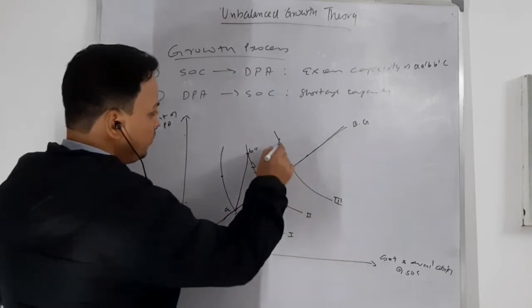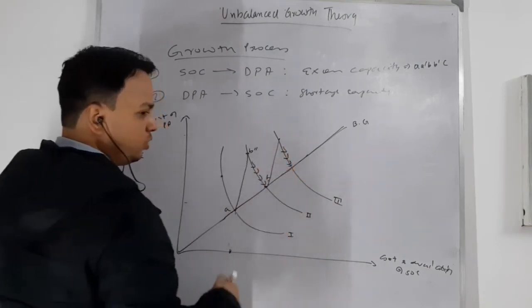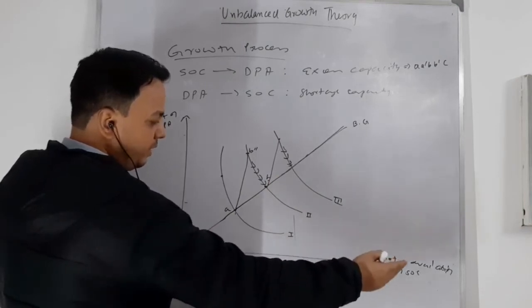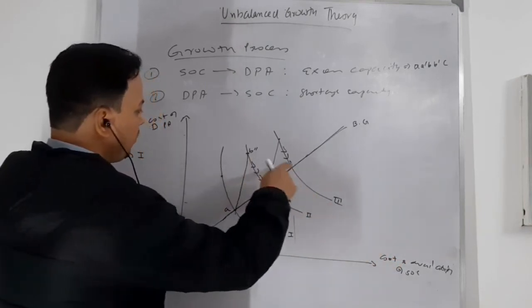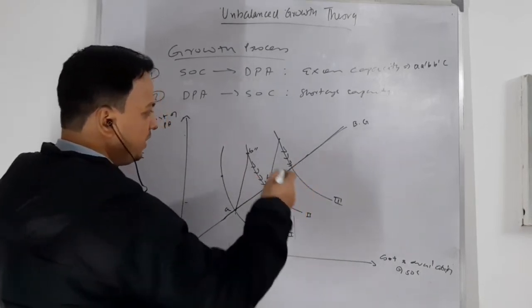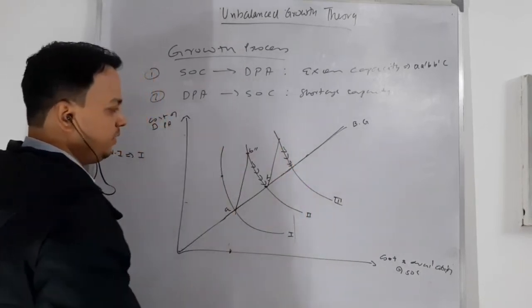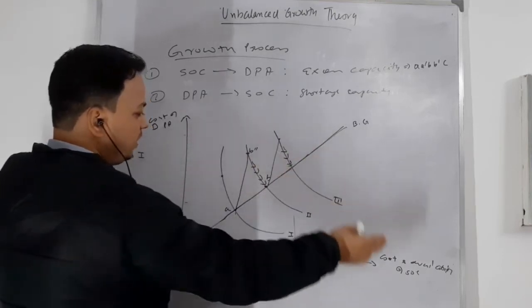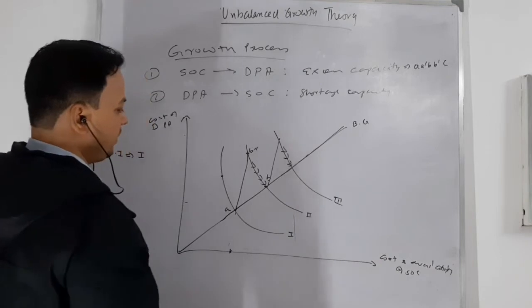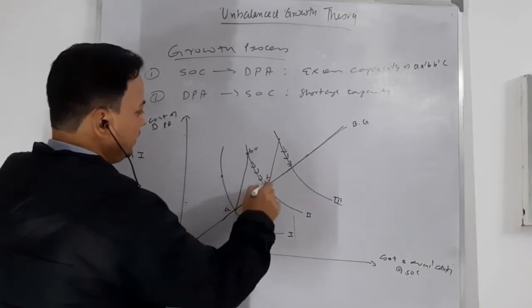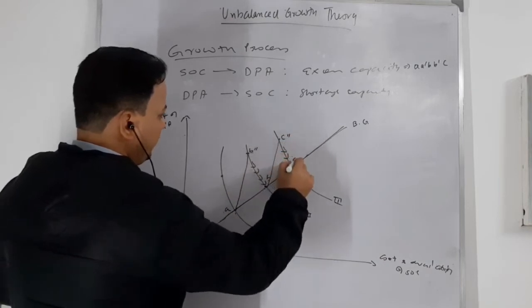Then again resources have to be transferred so that social overhead capital is created in proportion to direct productive activity. Tension will build up if you have more direct productive activity. We have to transfer resources from direct productive activity to the creation of social overhead capital. We move from A to B double prime to B, then C double prime to C.